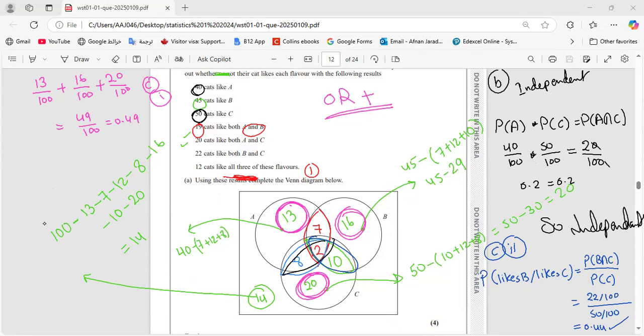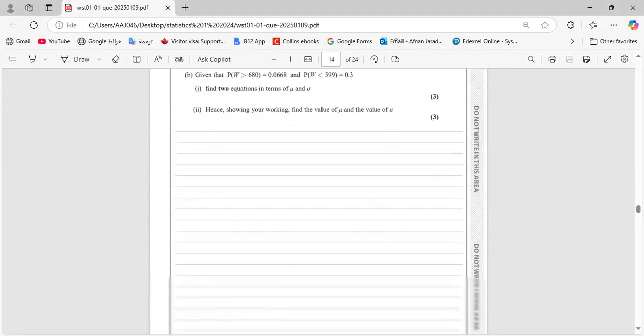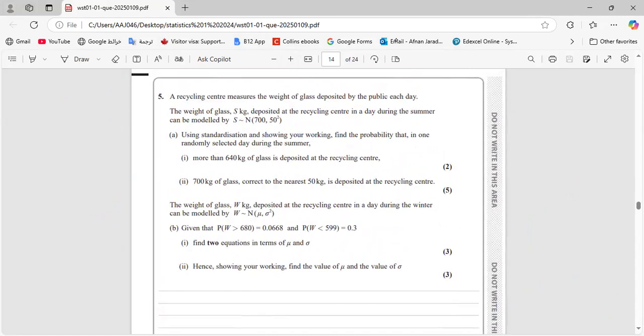From question number 4 to question number 5, which is about normal distribution. A recycling center measures the weight of glass deposited by the public each day.